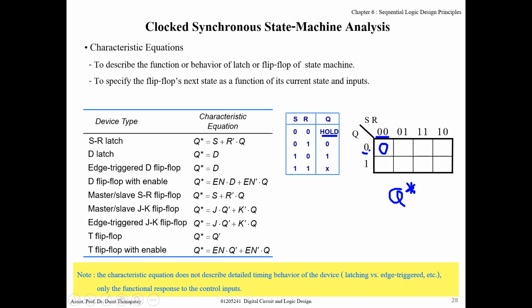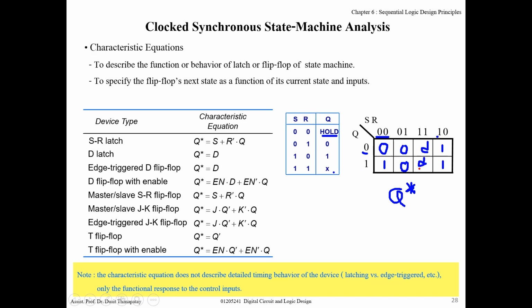Now, if the current state is 0 and input SR is 0, Q star is also 0. Or when Q is 1, Q star is 1. And when input SR is 0, 1, R is active, right, it's reset. That means Q star will be 0. And 1, 0 is set, so it will be 1. 1, 1 is don't care.